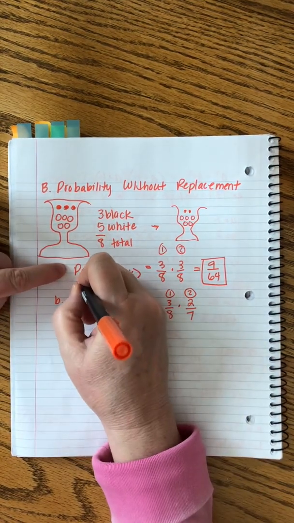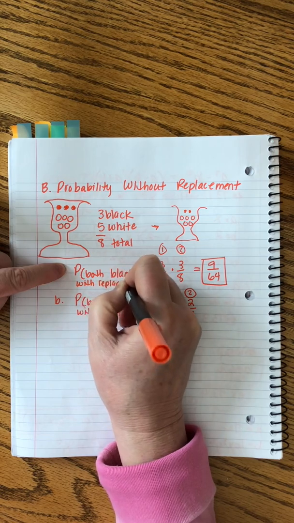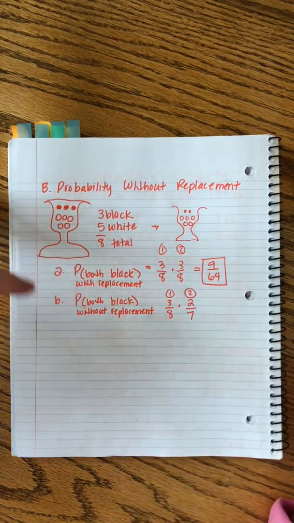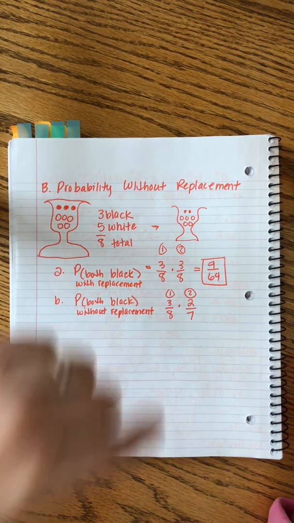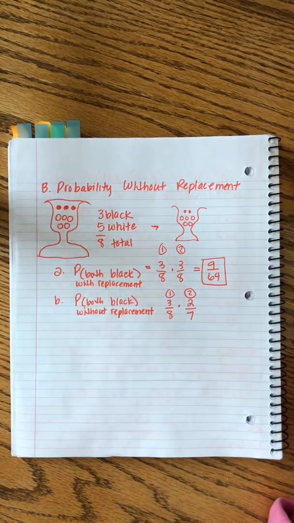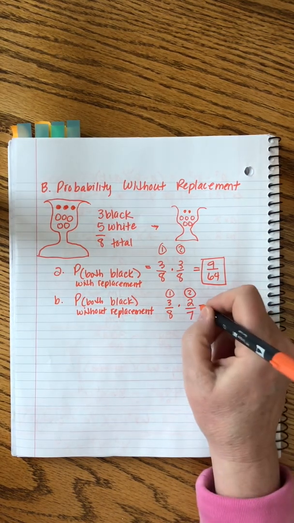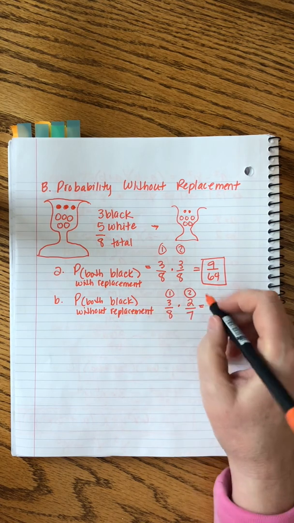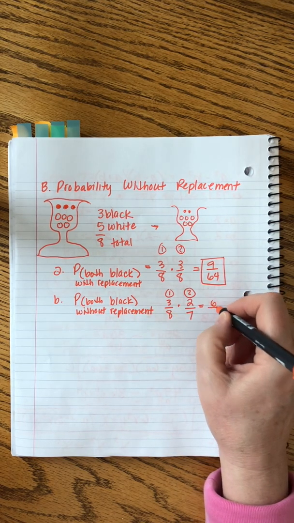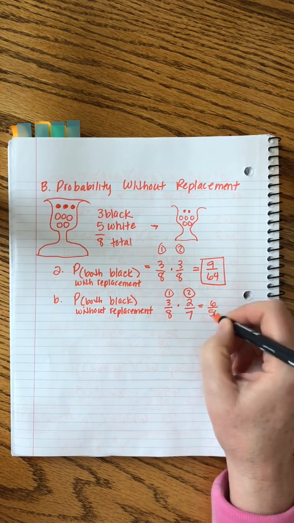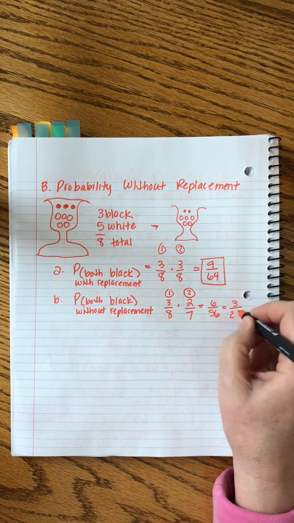The first time was with replacement because we put it back. We didn't write or say that because that's the assumption we've always been making. This is the first time we've taken a marble out of our experiment and not put it back in. So that changes the probability to 6 over 56, and those can both be divided by 2. That's 3 over 28.